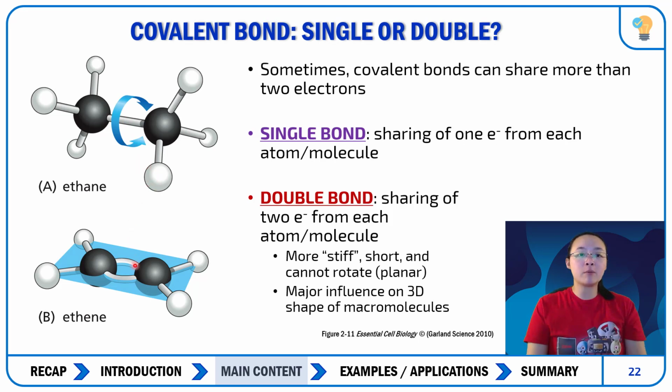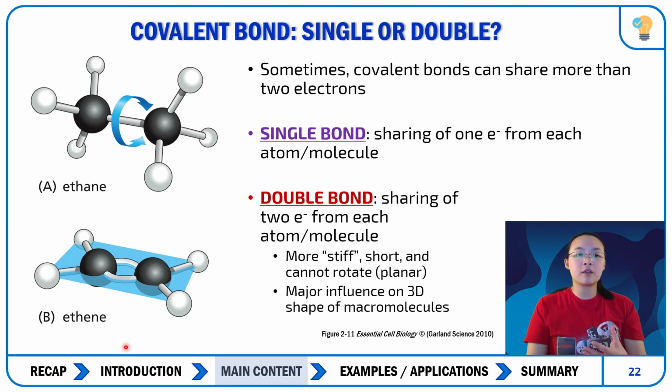But if we have a double bond, that's when 2 electrons are shared from each atom or molecule, so a total of 4 electrons are going to be in this double bond. As you can see, it looks like there's one bond here and one bond here. It means it's not going to be as flexible.